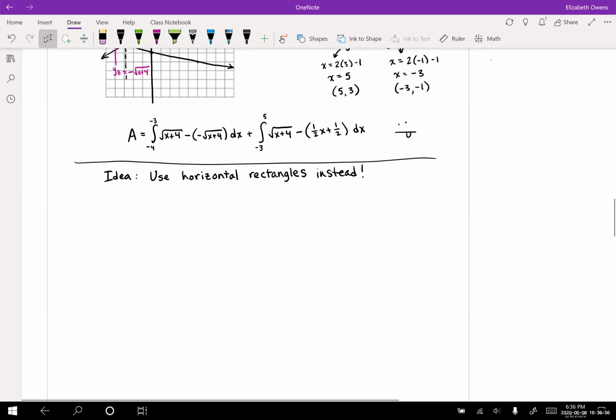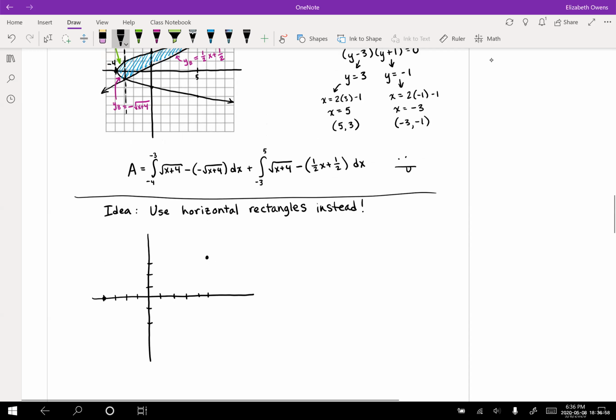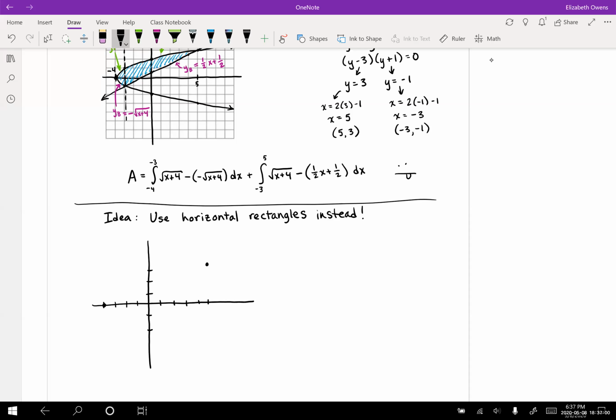So when we do this, let me draw a kind of reduced form of our graph here. Sorry, this part is not super exciting to watch, I know.